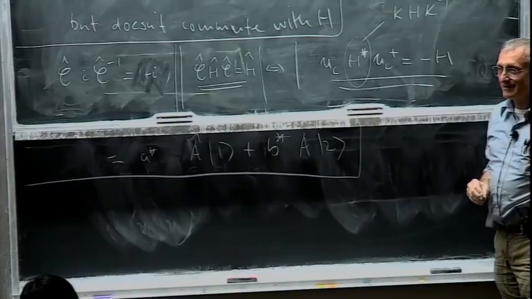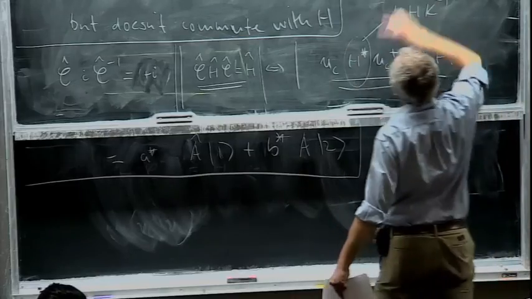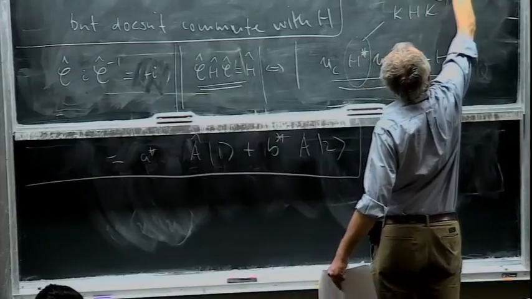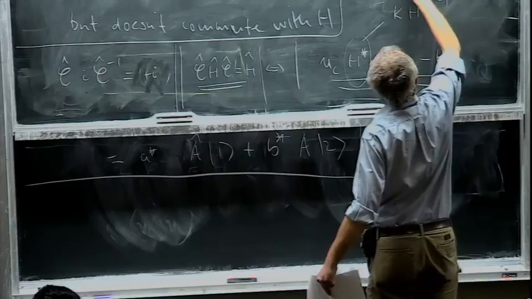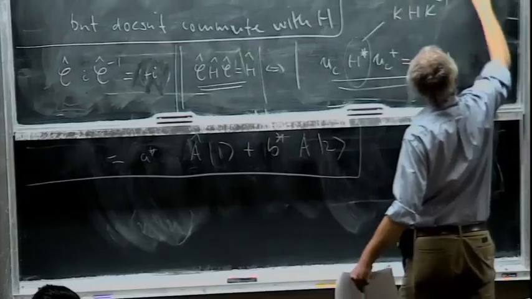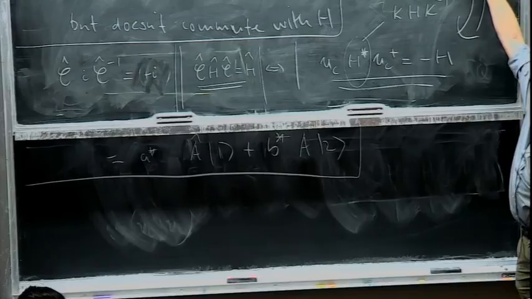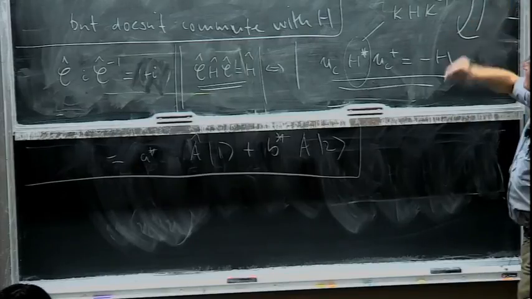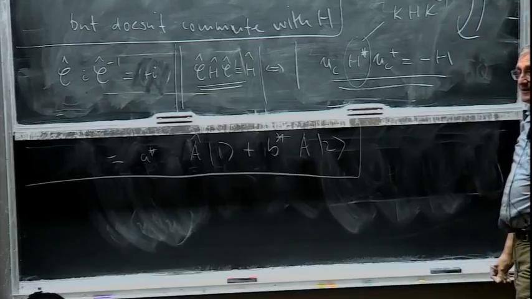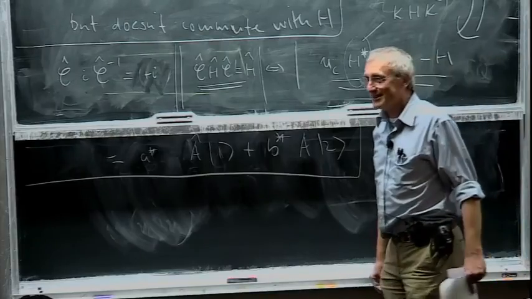And so then this can be written as C inverse is minus H, defining C as U_C K. So this is the same as this, just a formal way of writing it, right? And since K acts as complex conjugation, it's anti-unitary, right? So it's kind of peculiar, but that's convenient.